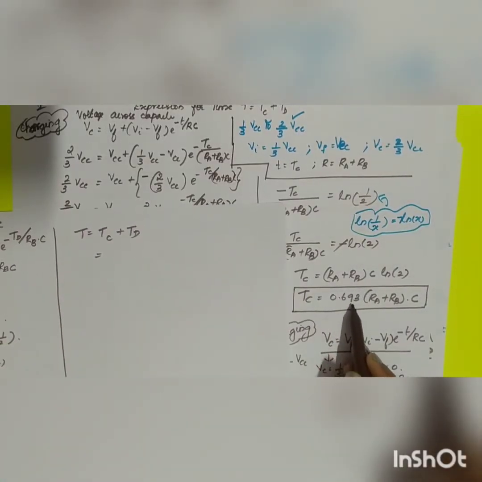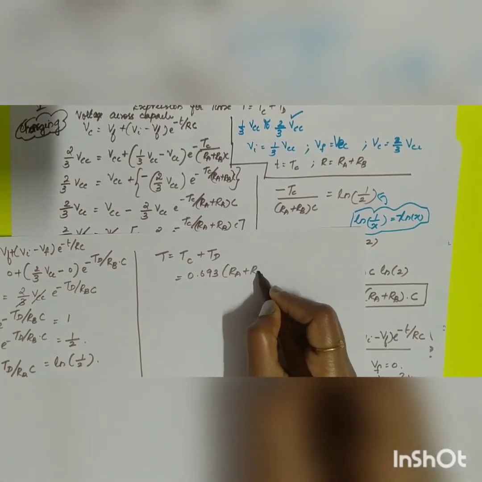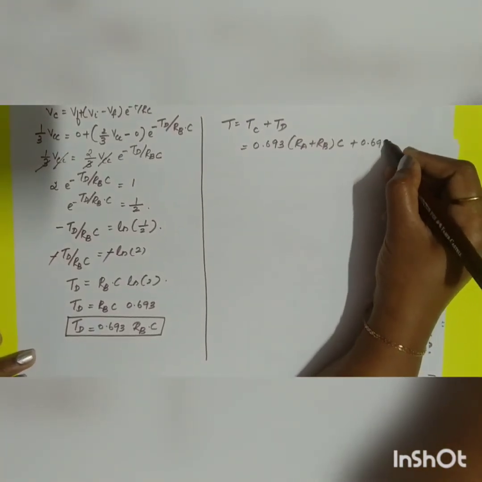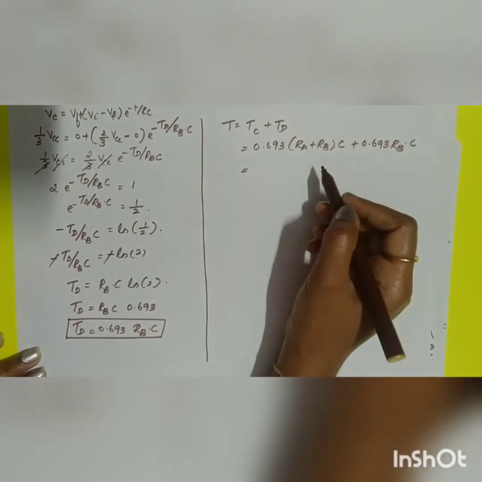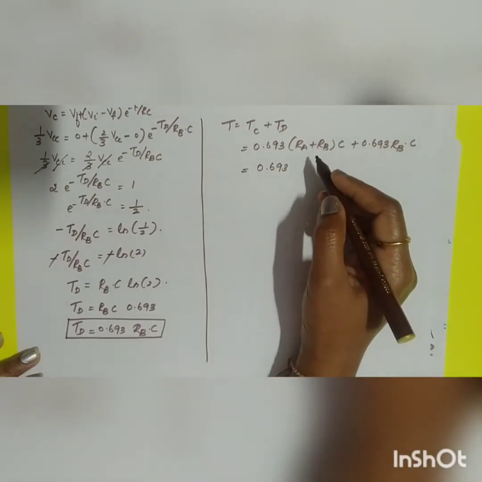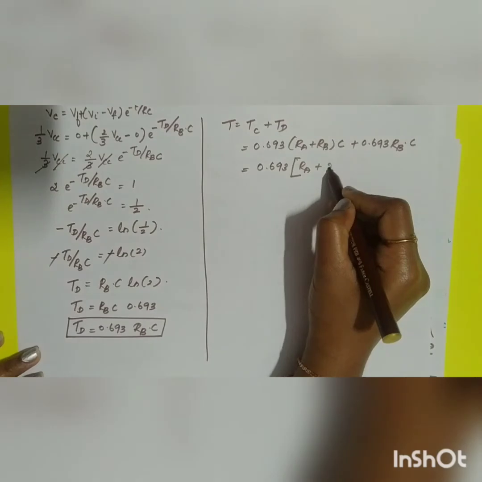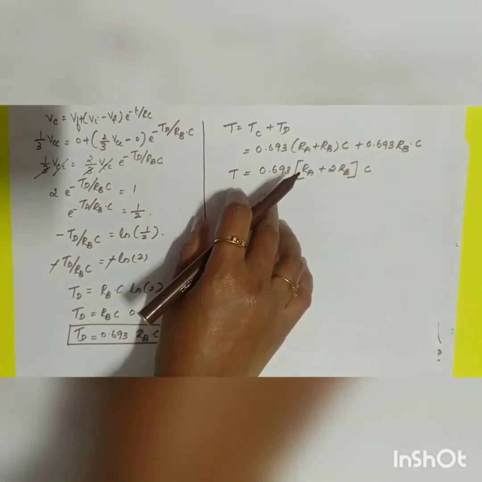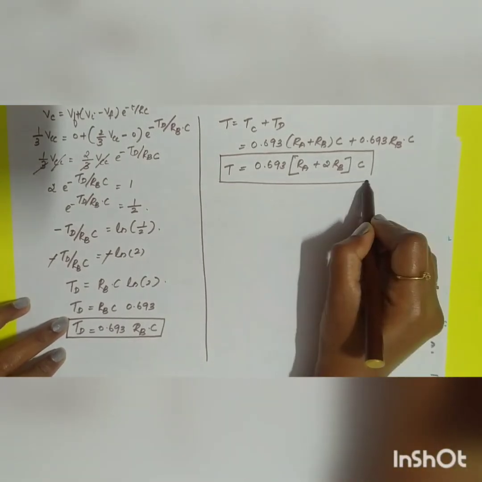Tc is equal to 0.693 into (Ra plus Rb) into C, plus the discharge time, 0.693 into Rb into C. If I take 0.693 as common, you can write it as 0.693 into (Ra plus 2Rb) into C. So your T will be equal to 0.693 into (Ra plus 2Rb) into C.